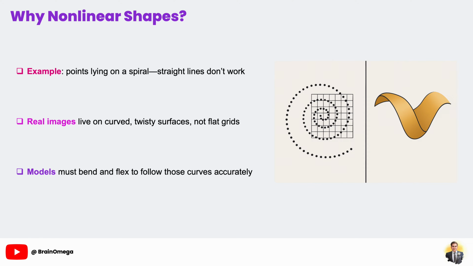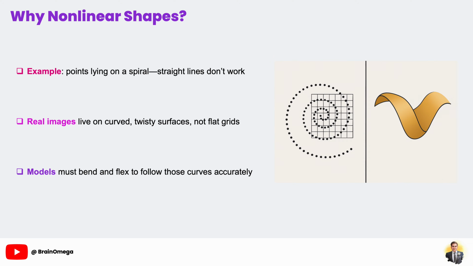You might think eye spacing is one dimension, nose shape another dimension, skin tone a third, and so on. But those factors interact in complicated, curved ways. If you try to flatten everything onto a simple, straight coordinate grid, you'd lose important relationships. Generative models therefore rely on nonlinear techniques, methods that can bend, stretch, and warp to follow the manifold's curves.